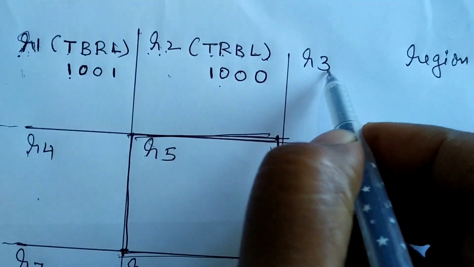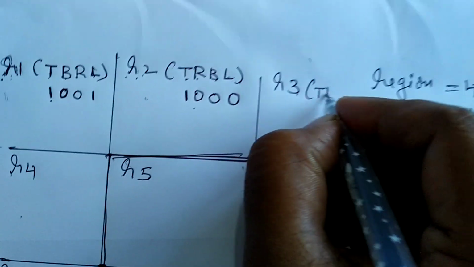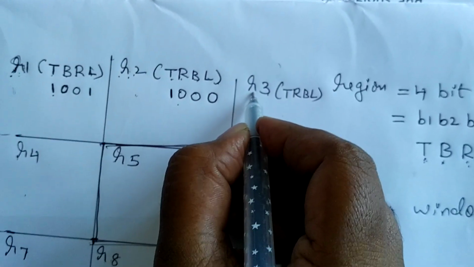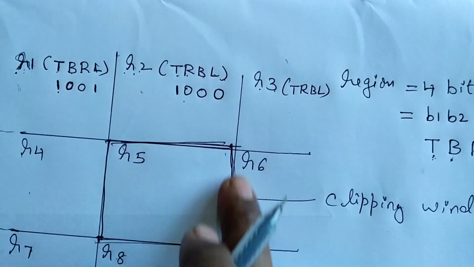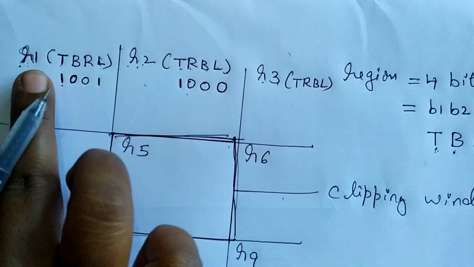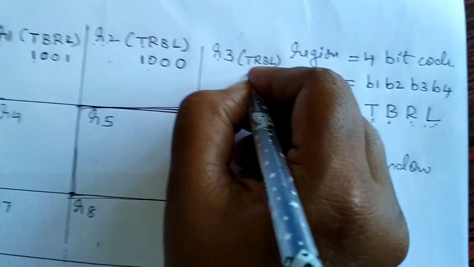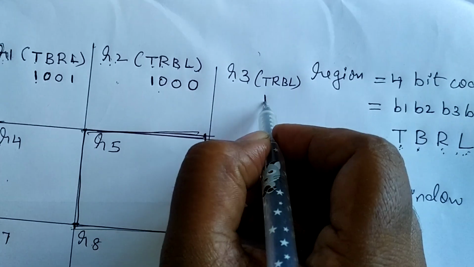Now we'll go for region 3. Region 3 is located on the top of the window. Yes, this is your window, and this is called the top of the window. So this bit will be 1. Is it on the right?